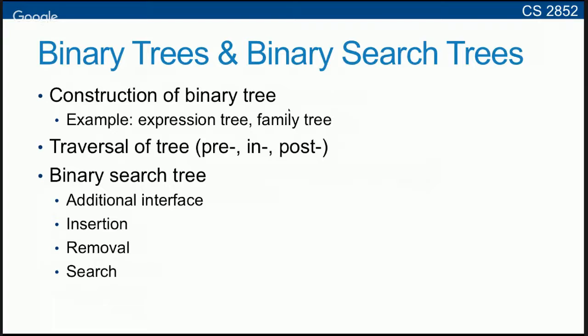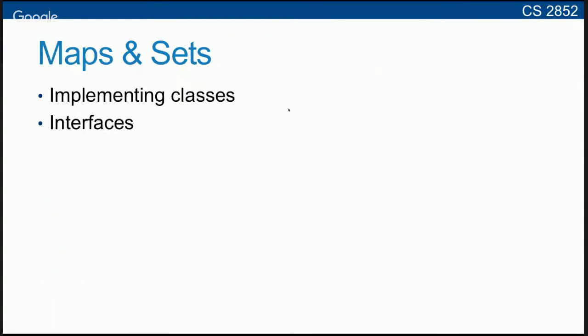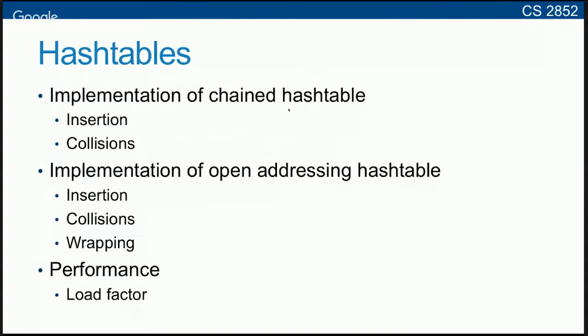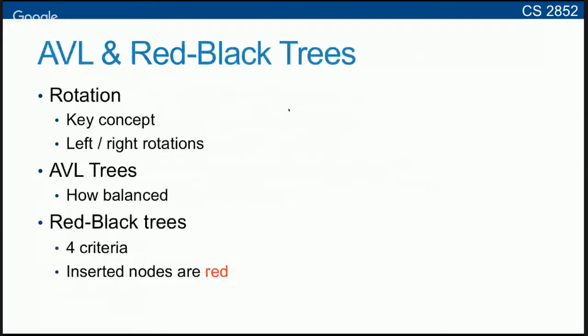And that means that all of the items in it have to respond to compare to, meaning they implement the interface comparable. Know about the fact that maps have keys and values, and that the search is based on the key and it returns the values in maps. The load factors in hash tables, and then finally the concepts of rotate left and rotate right in the balanced trees.